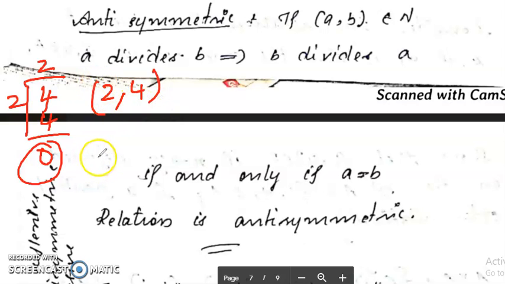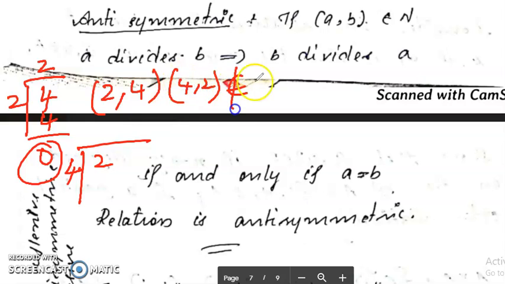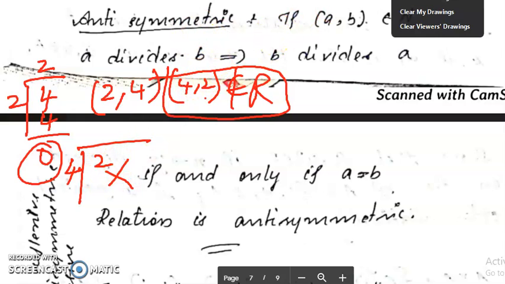But when you come to the second case, whether 4 divides 2, can you divide 2 by 4? No. So you cannot take the other case. (4, 2) does not belong to R because 4 does not divide 2. So what is the only possibility here?